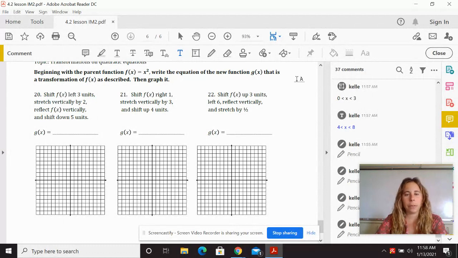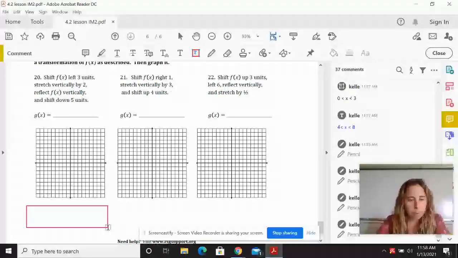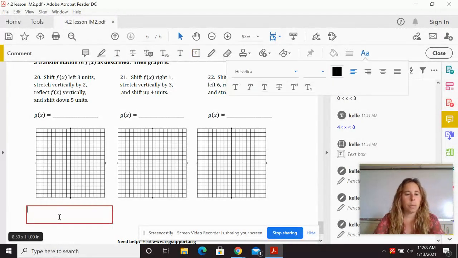So I'm not going to graph it for you, but I'll write the equation for number 20. Actually, I kind of like that text box better. We're going to do that. So your normal parabola is y equals x squared. I think they tell you that.